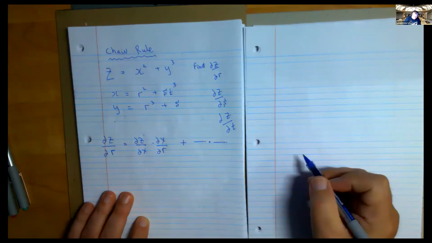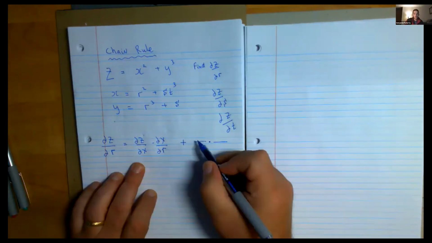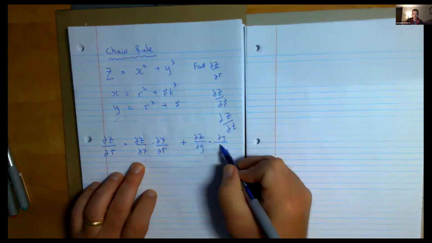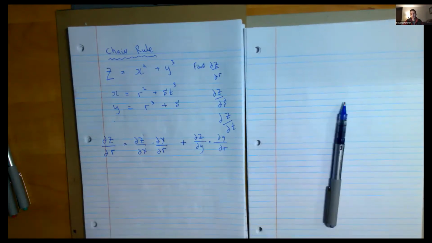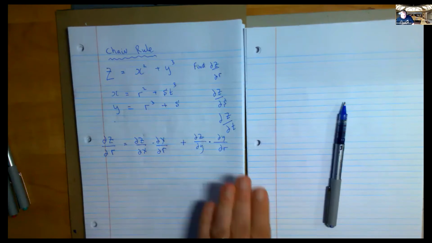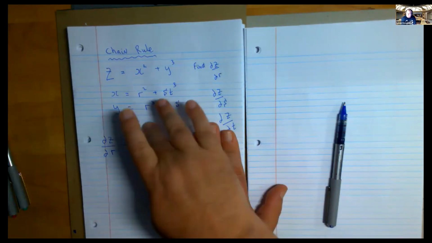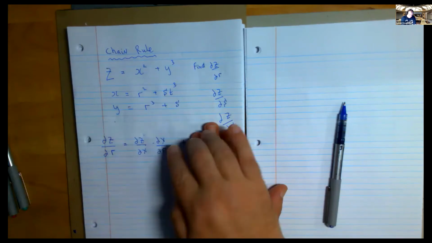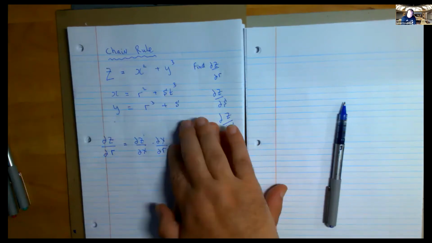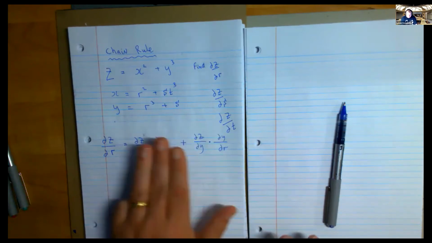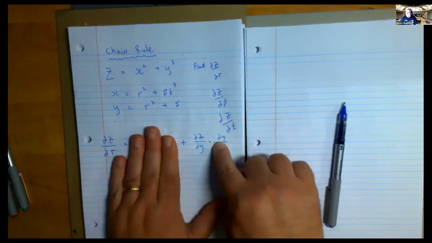Any volunteers? The derivative of z with respect to y, and then the derivative of y with respect to r. Right, so it's still got that same framework. That term, because that's basically two partial derivatives, doesn't it essentially tell you the contribution of x to the r variable, and this is the contribution that y makes to the answer?